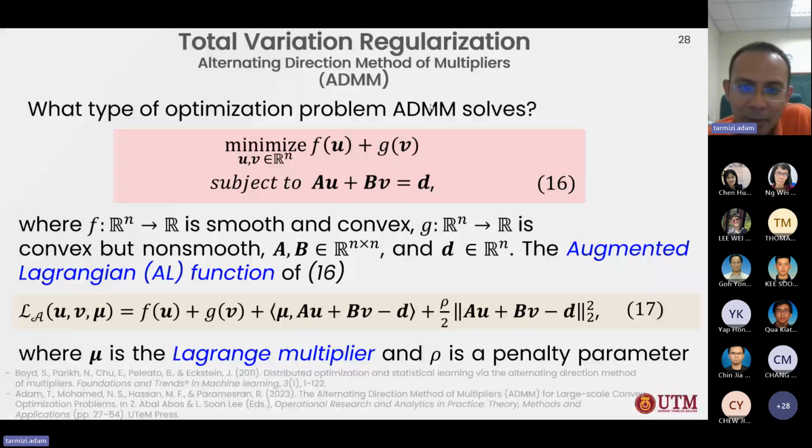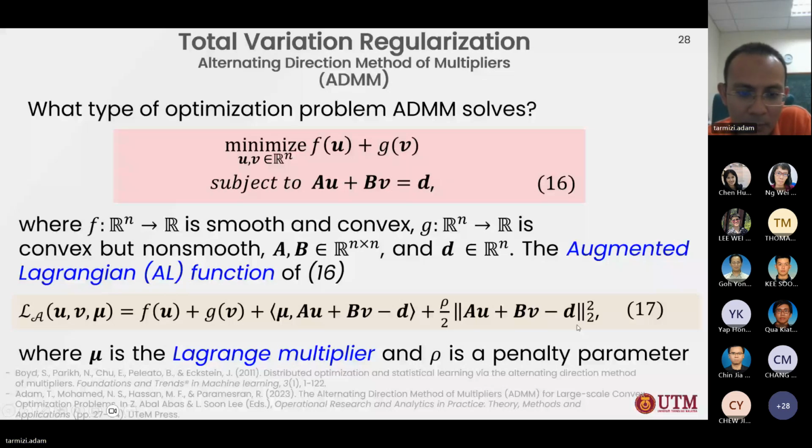This ADMM minimizes this type of problem. We have F and G, and this constraint, where A and B are linear operators, and you have D. The first step in applying ADMM to an optimization problem of this form is to construct the augmented Lagrangian function, which is like this.